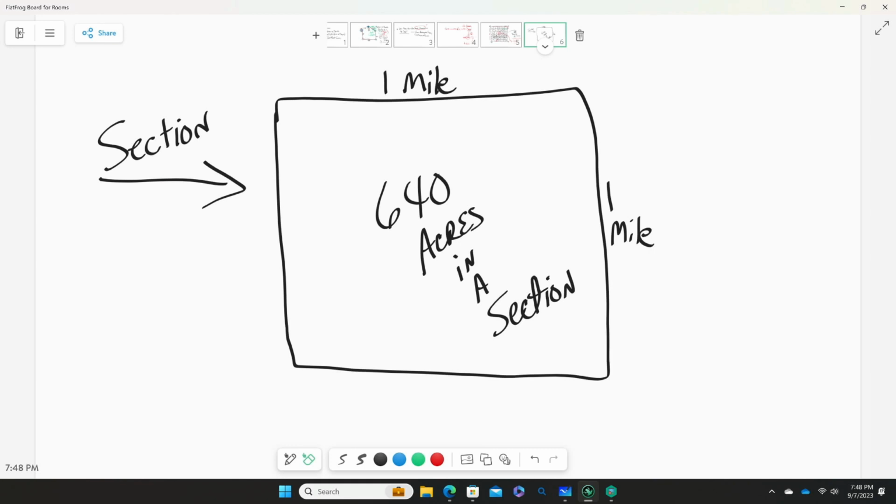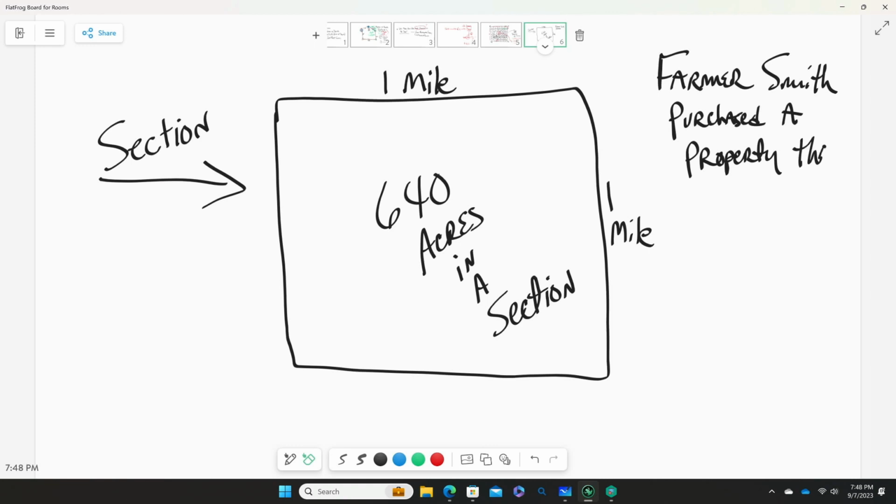Now, this is unique because here's a possible exam question that you could see. They love this question. Farmer Smith, this is a legal description you could see, purchased a property that was 1 mile square plus 15 acres.